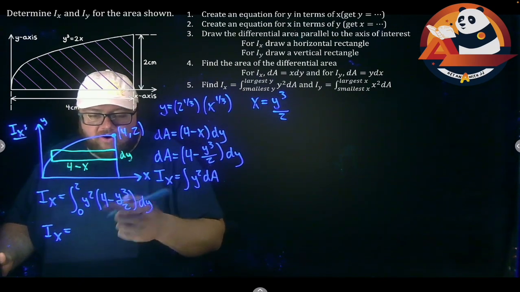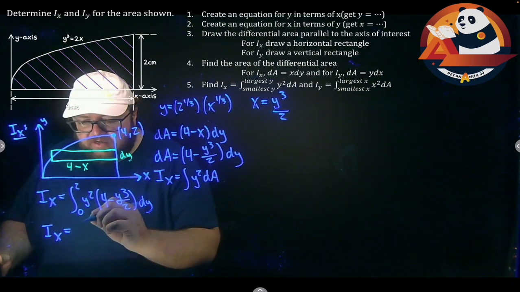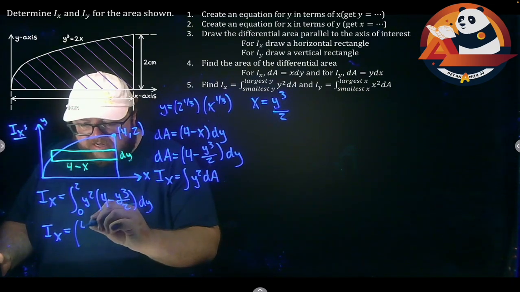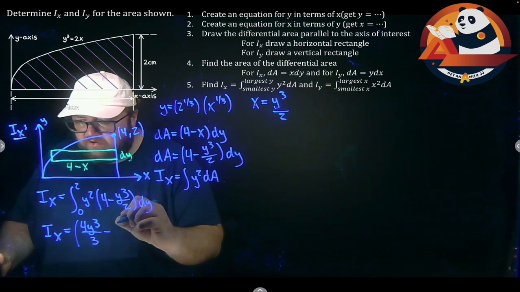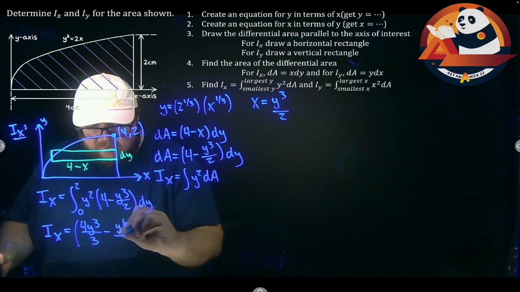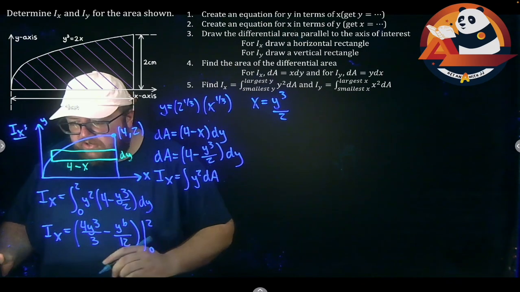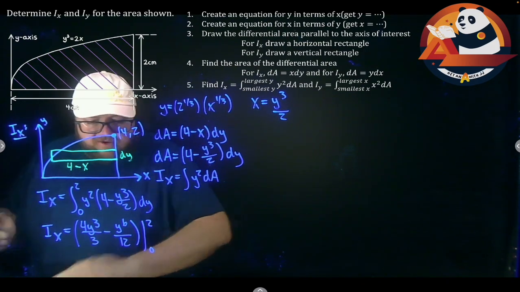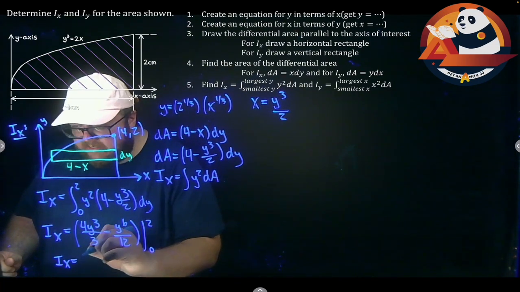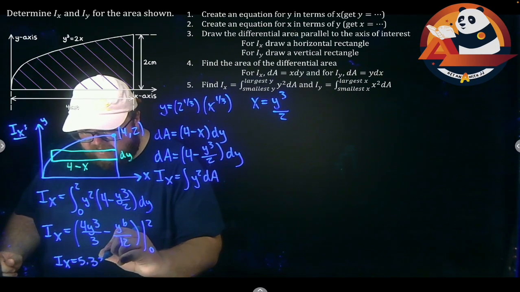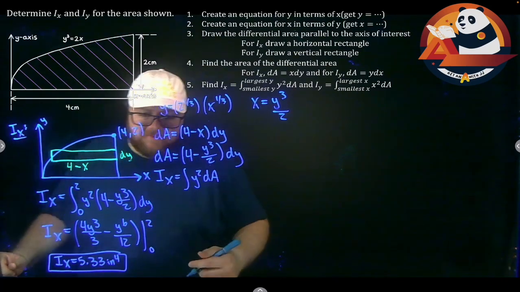So one integral of 4y squared and another one of y to the 5th over 2. This is going to get me 4y cubed divided by 3 minus y to the 6th divided by 12. And I'm evaluating all of that from 0 to 2. Plugging in my numbers here, I'm going to get that my Ix, my moment of inertia about the x-axis, is 5.33 inches to the fourth. Which should be our first answer here.